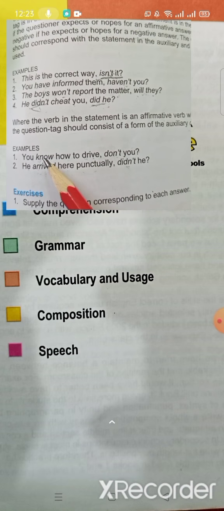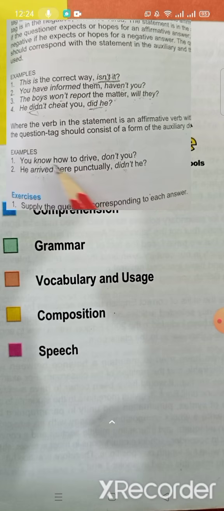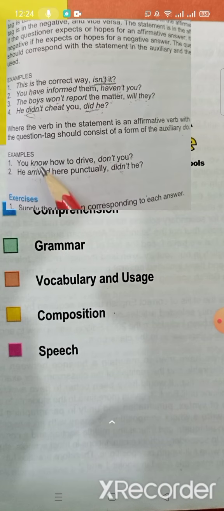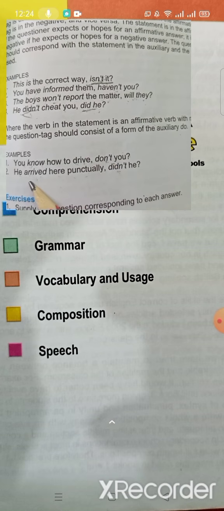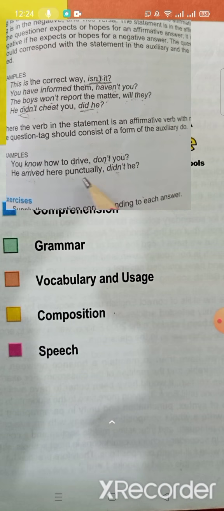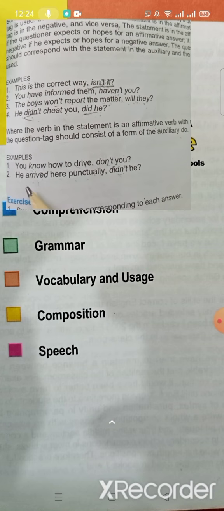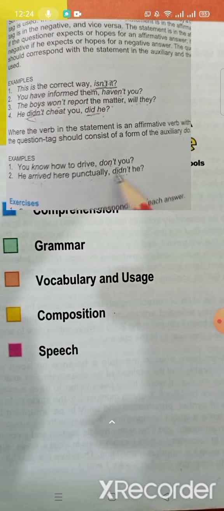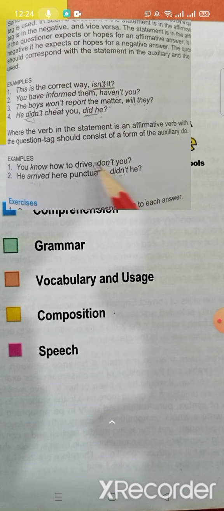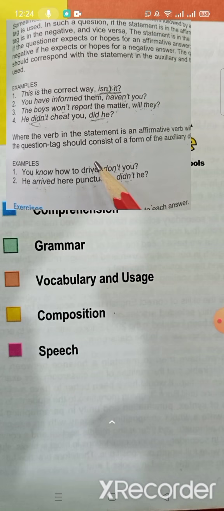When we make a negative sentence we use don't, so the question tag will be "don't you." He arrived here punctually, so the question tag will be "didn't he." It is in the past, so we use the past auxiliary. If it is in the present, we use the present auxiliary. So these are the question tags.